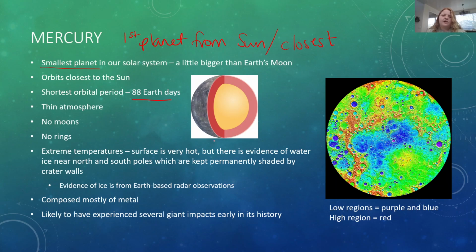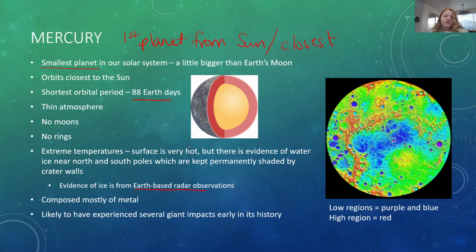But the reason that they're present is obviously not the temperature of the entire planet, but because we have these crater walls at those two areas on the planet, and they shade these areas. And so we can see that there's ice present. And this evidence came from Earth-based radar observations.